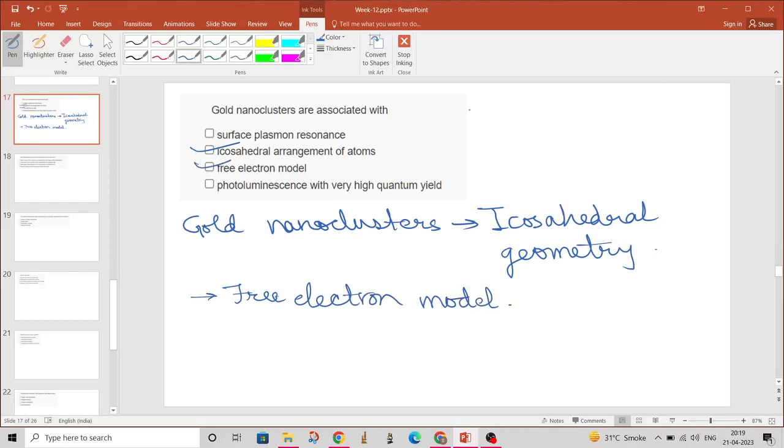It is an MSQ question, so both options are correct. And they are not associated with surface plasmon resonance. Gold nanoparticles show surface plasmon resonance, but not the nanoclusters.